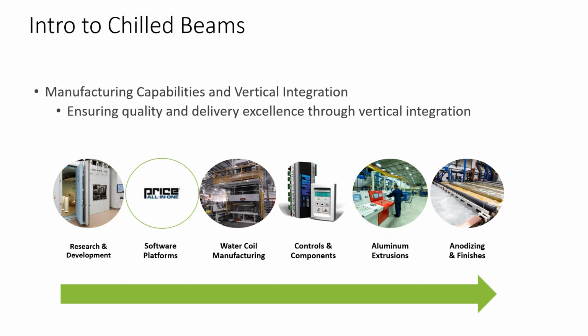And you can see that vertical mechanical equipment there that manufactures the water coils for our chilled beams. So really all of that comes into play to just helping provide effective service to the industry.